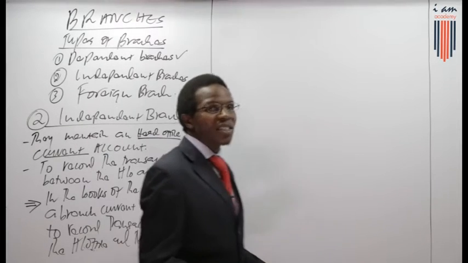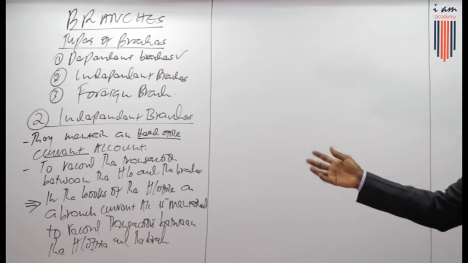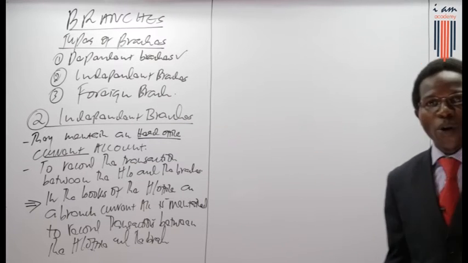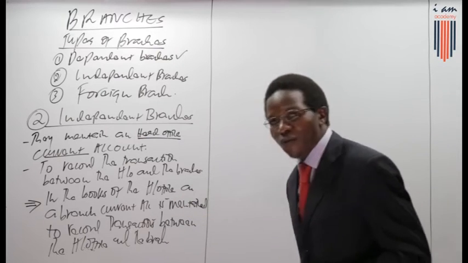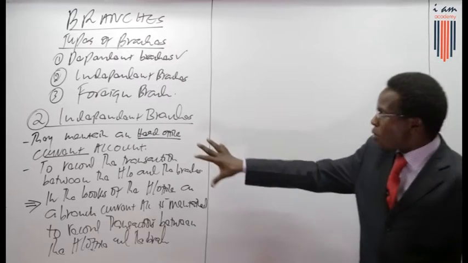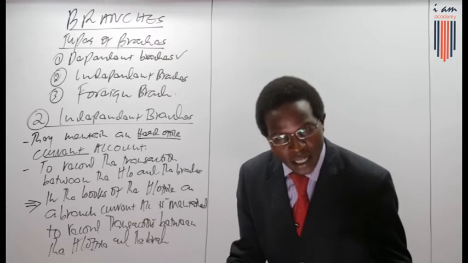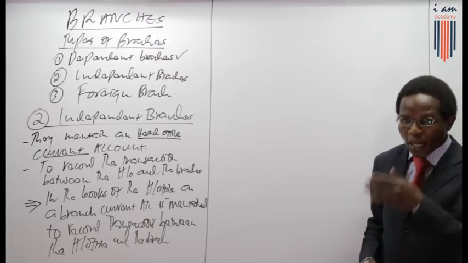In other words, there is no big difference. In the books of the branch, we have a head office current account, while in the books of the head office, we have a branch current account. Don't forget that.